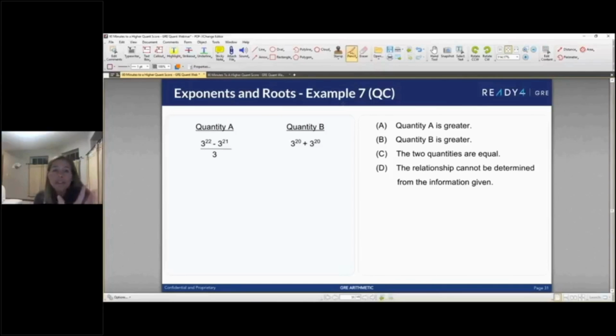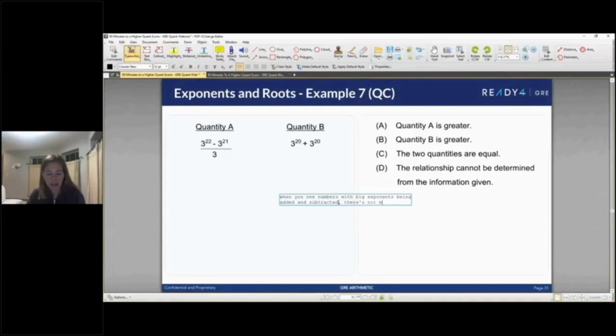There are no cool rules. The only thing you can do is factor out the biggest thing you can think of. When you see numbers with big exponents being added and subtracted, there's not much you can do.